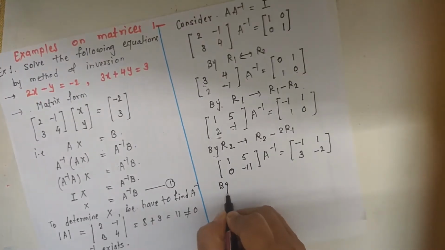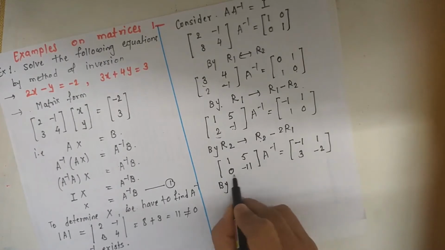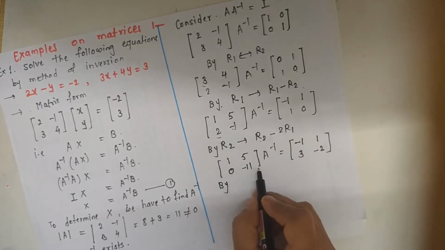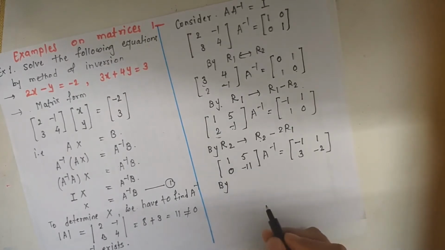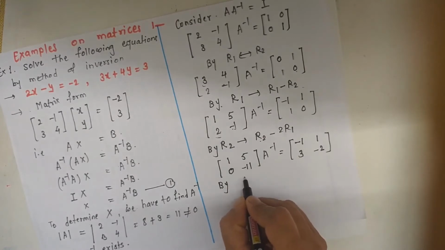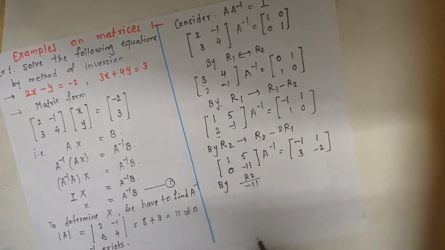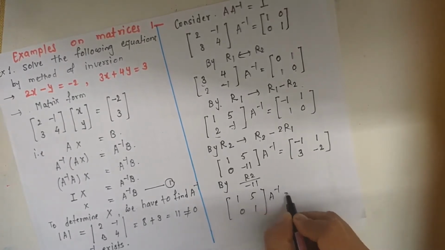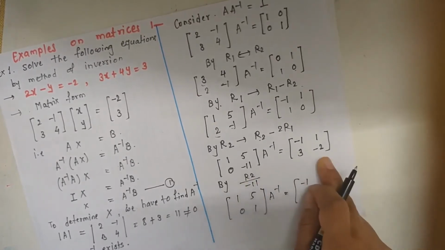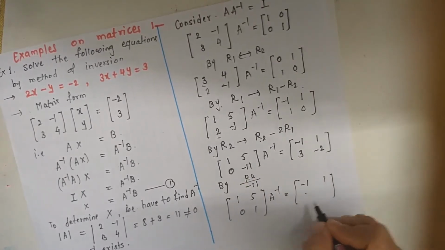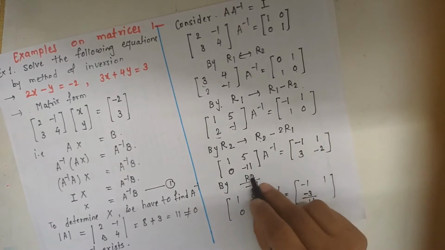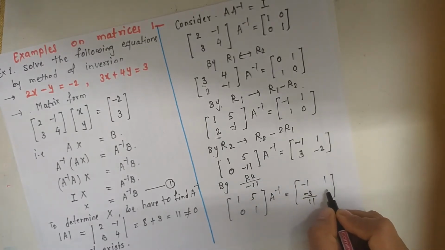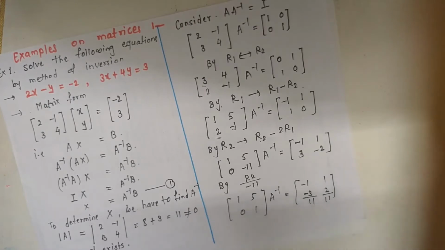Now the next transformation for this element: dividing the second row by minus 11, we get this element as 1. So dividing R2 by minus 11, we get 0, 1 into A inverse is equal to minus 1, 1. Dividing the second row elements by minus 11, we get minus 3 by 11 and minus 2 by minus 11, that is plus 2 by 11.